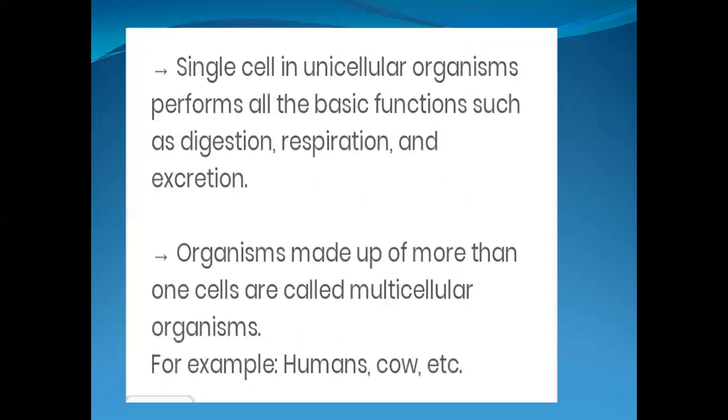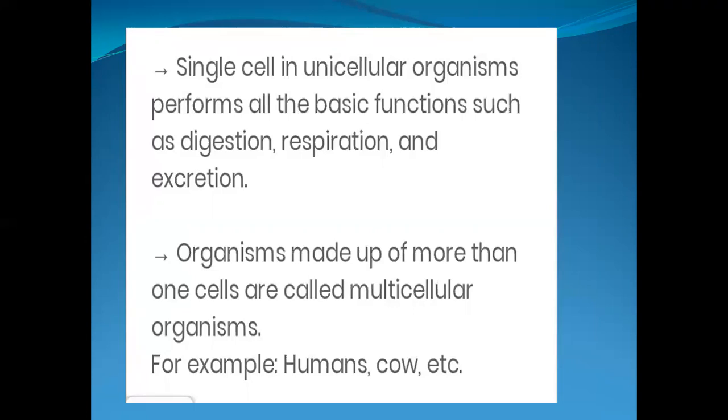But in multicellular organisms, the cells join together and form tissues, tissues join together and form organs, and organs join together and form an organism. Clear? And there is a distribution of work among the cells, tissues, organs and organ systems. Like human and cow, these are multicellular organisms.